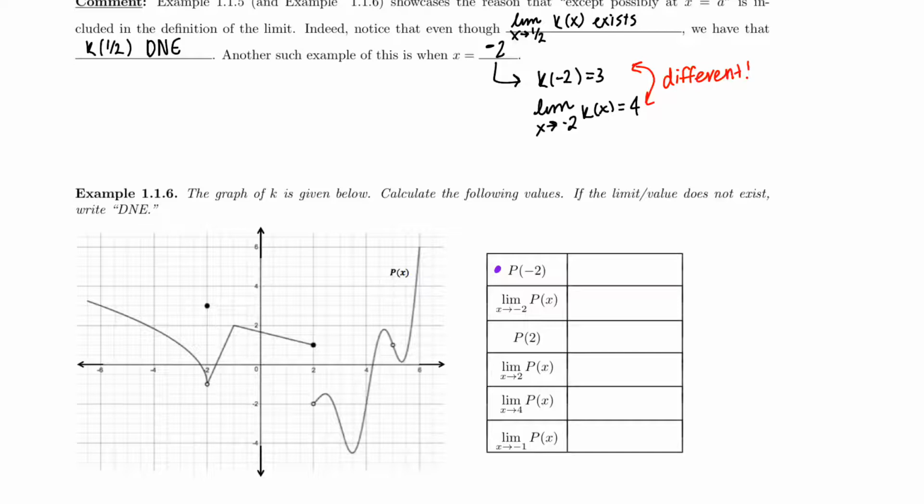All right, excellent. Looking at this function at -2, there's a closed and an open circle. The closed circle is the actual value there. So p of -2 is 3.